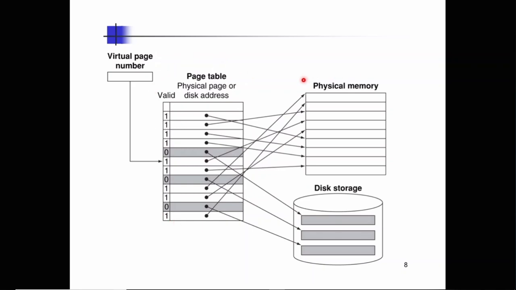And all the way to the right we have things that are absolutely real: physical memory in your main memory, which is your dynamic RAM, and then your hard disk storage over here. Each program gets its own page table, and that table is stored in memory, as I pointed out. The location of this page table in memory is stored via hardware or software in a special register called the page table register.